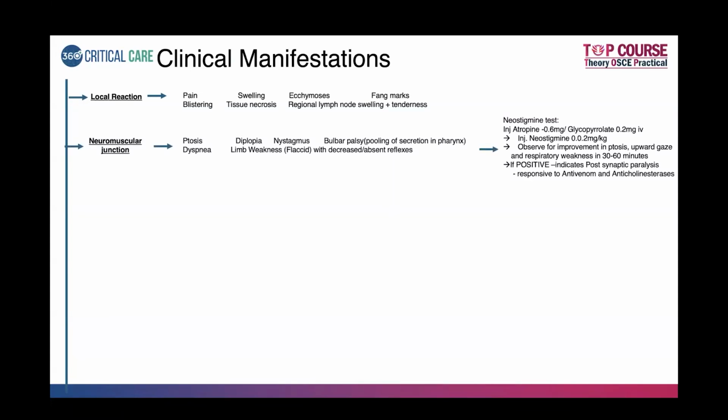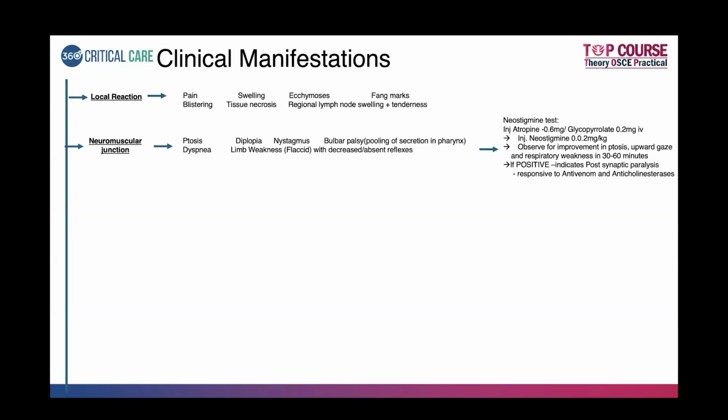Then coming to the neuromuscular junction, it can manifest as ptosis, dyspnea, diplopia, nystagmus, bulbar palsy, where there can be pooling of secretions in the pharynx, limb weakness, usually flaccidity with decreased or absent reflexes. To differentiate between presynaptic and postsynaptic, you can go with the neostigmine test. You first give atropine 0.6 milligrams or glycopyrrolate 0.2 milligrams.